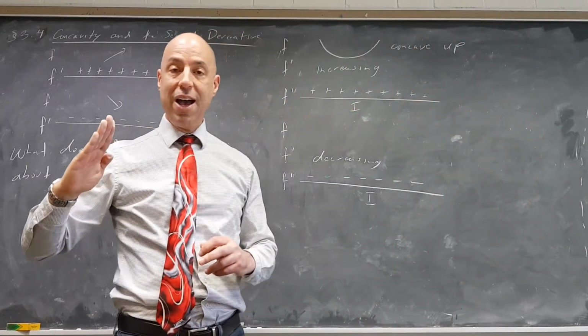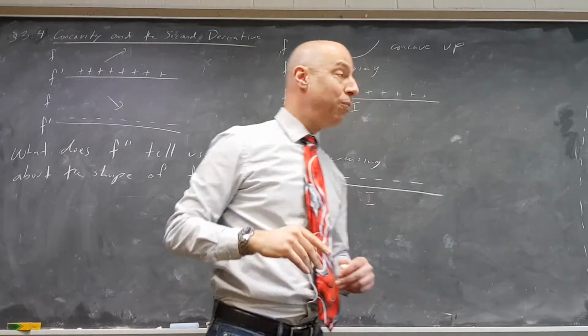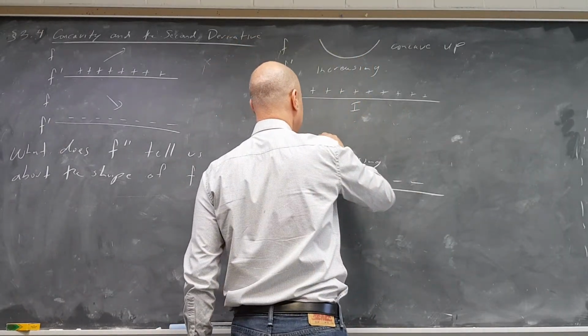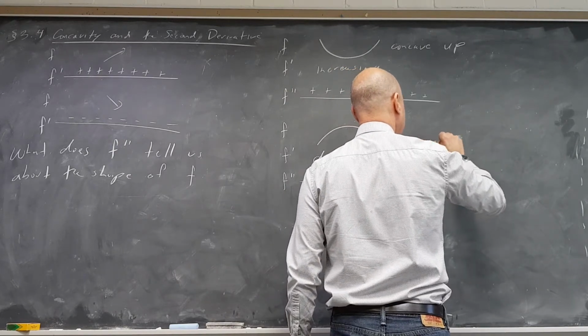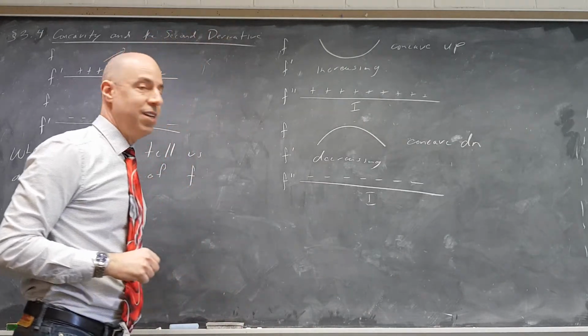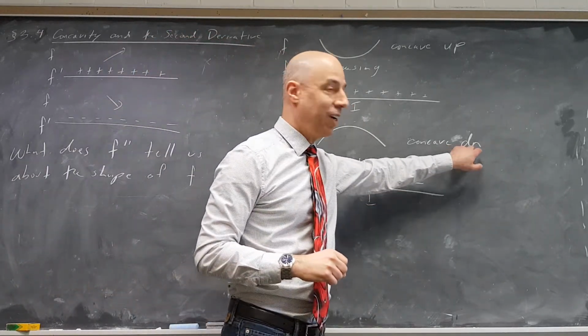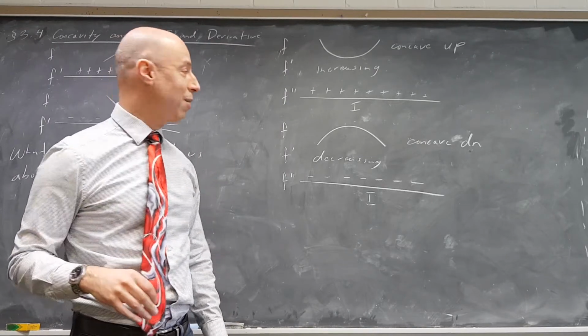If you were to draw that as you move from left to right, what you end up with is something shaped like a hill. And so this is concave down. DN is my very favorite abbreviation because if you look at it upside down, it looks like up.